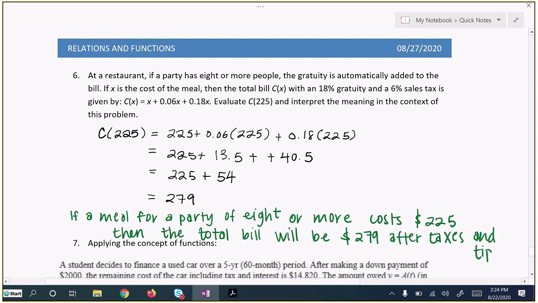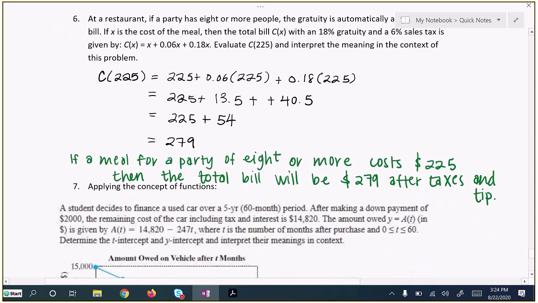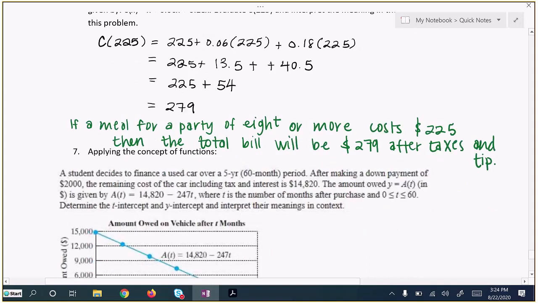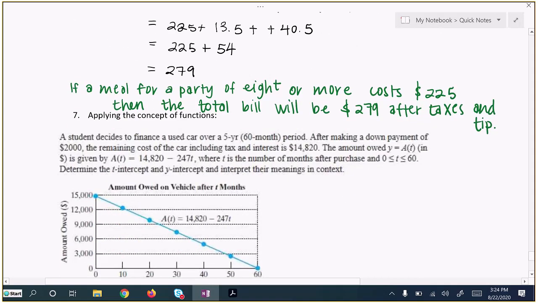So when we're answering a word problem, and especially if it asks us to interpret the meaning, then we absolutely want to answer in a full sentence and give as much detail as possible, because this is giving us a chance to express our mathematical ideas and show our understanding.